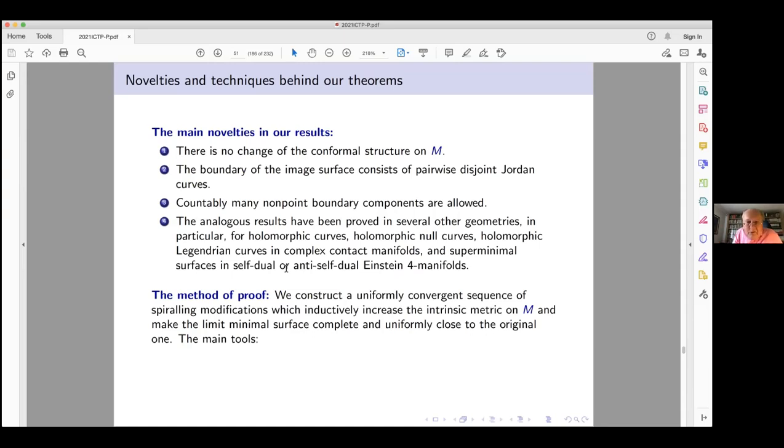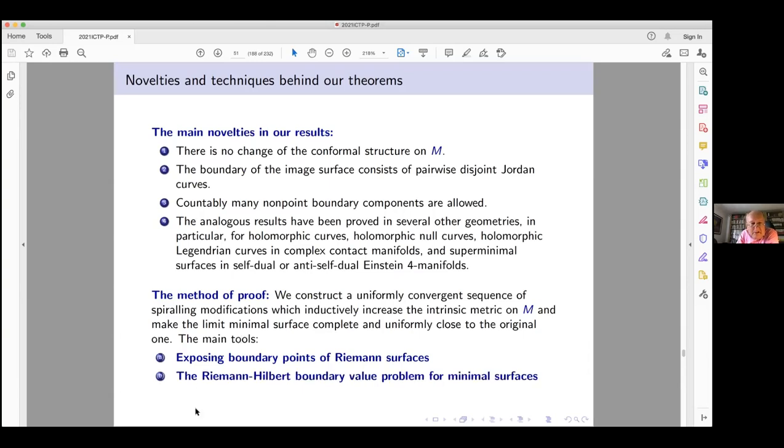And the method of proof is that we construct a uniformly convergent sequence of sort of spiraling modifications of the surface, which inductively increase the intrinsic metric on the surface and make the limit minimal surface as you like, so complete and uniformly close to the original one. And there are two main tools, which I will explain to you in pictures. One is that we expose boundary points of the Riemann surface.